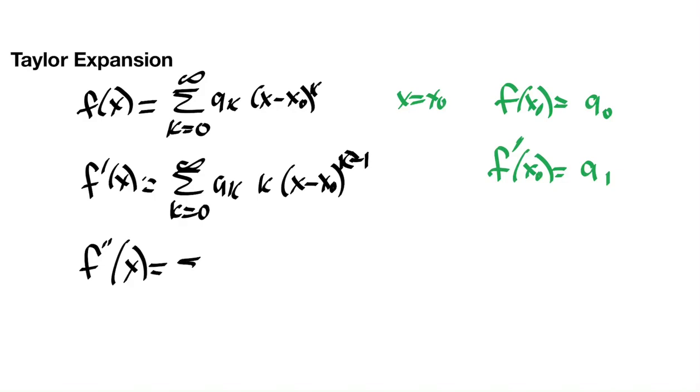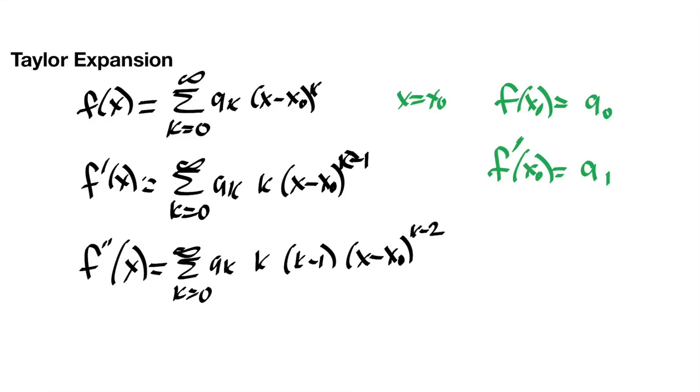Okay, let's do just a little bit more. If I do the second derivative, I will get the sum as k goes from 0 to infinity of a sub k, k, (k minus 1), (x minus x naught) to the k minus 2. Now what you'll notice is that at x naught, the only thing that lives is that second term, but when I put it in, I'm going to have a 2 here.